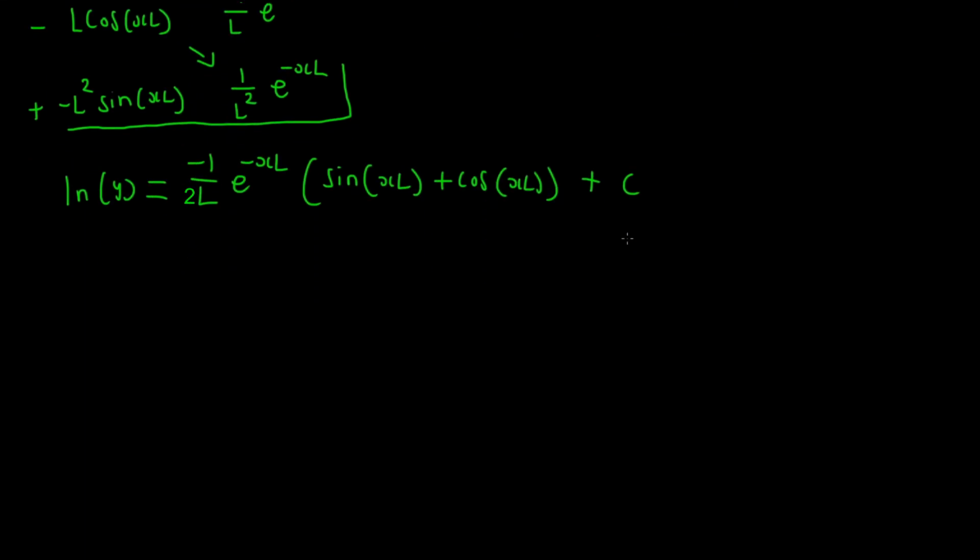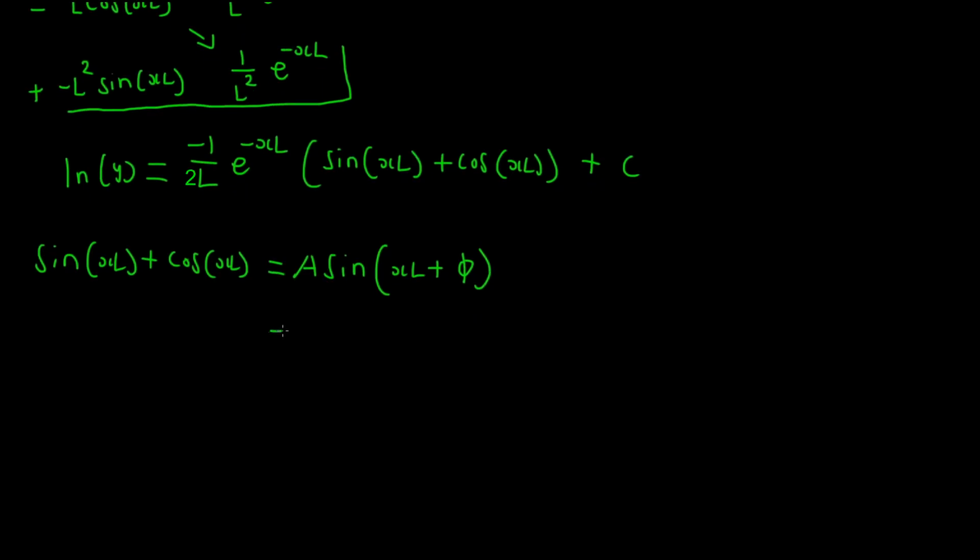Now for the sake of bookkeeping at this point, I'm going to rewrite sine of xL plus cosine of xL in the following way. I'd like to rewrite this as some constant A times the sine of xL plus some phase shift phi.